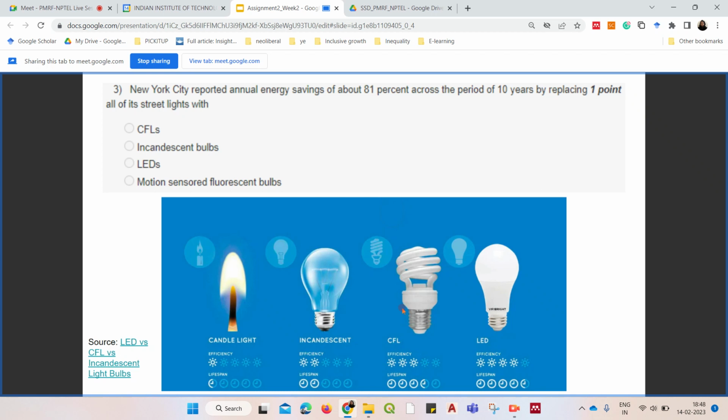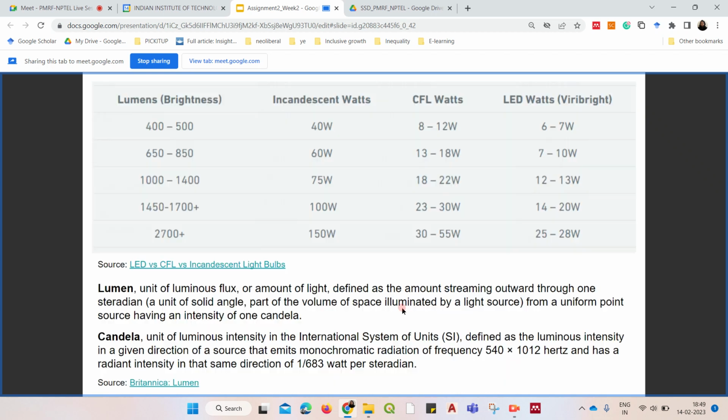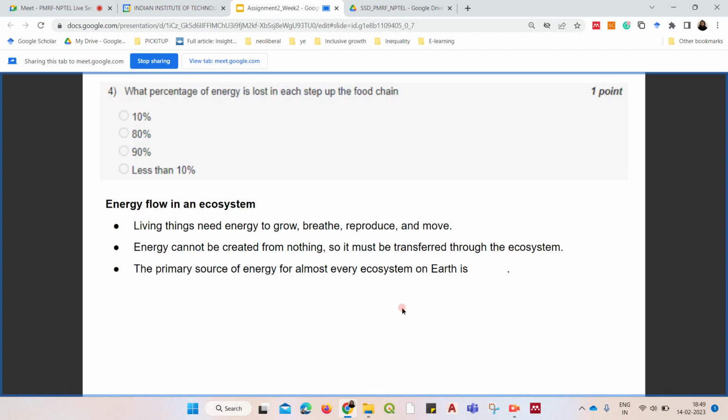I tried to tell you a little bit about how the luminous intensity and the wattage of different types of lighting fixtures can influence your decision of which fixture to use, and how you can make calculations based on what kind of brightness you want, over what period, and what wattage each of the different bulbs uses. I hope this is clear. We'll move on to our next question now.